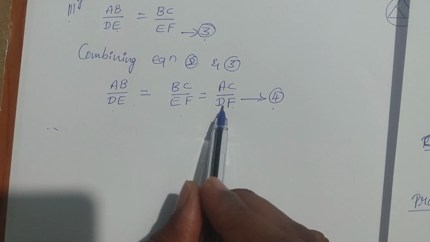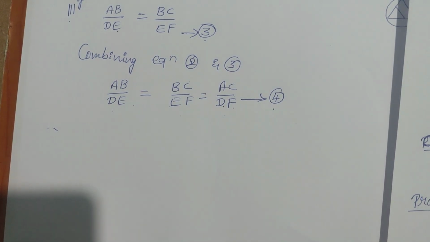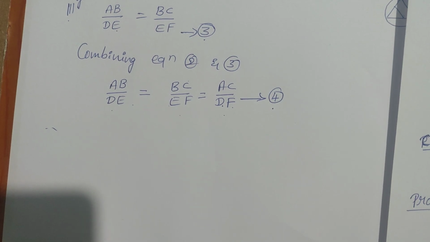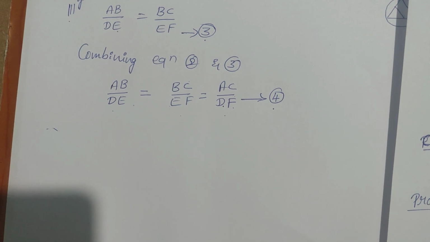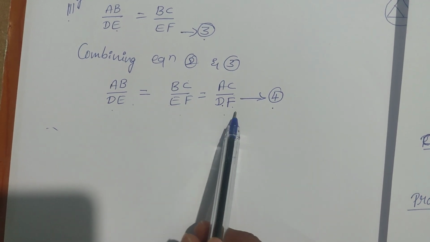Just remember the definition I gave at the start of this video: if any two triangles are said to be similar, they have to satisfy two conditions. The first condition is that the corresponding angles must be equal. That's already given in the statement, that is in the data we have already written. The second criterion is that the corresponding sides must be in the same ratio. That we proved in equation 4.